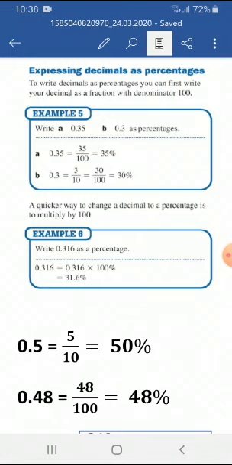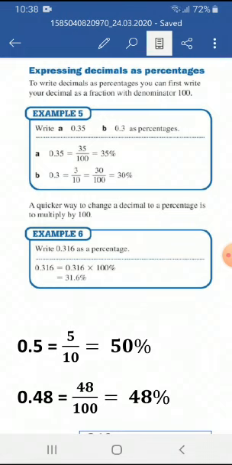The second way to turn a decimal into a percentage would be to multiply by 100. As we learned before, when you multiply a decimal by 100, it means you have to move the decimal point 2 digits to the right. So you have example 6 here, which says write 0.316 as a percentage.